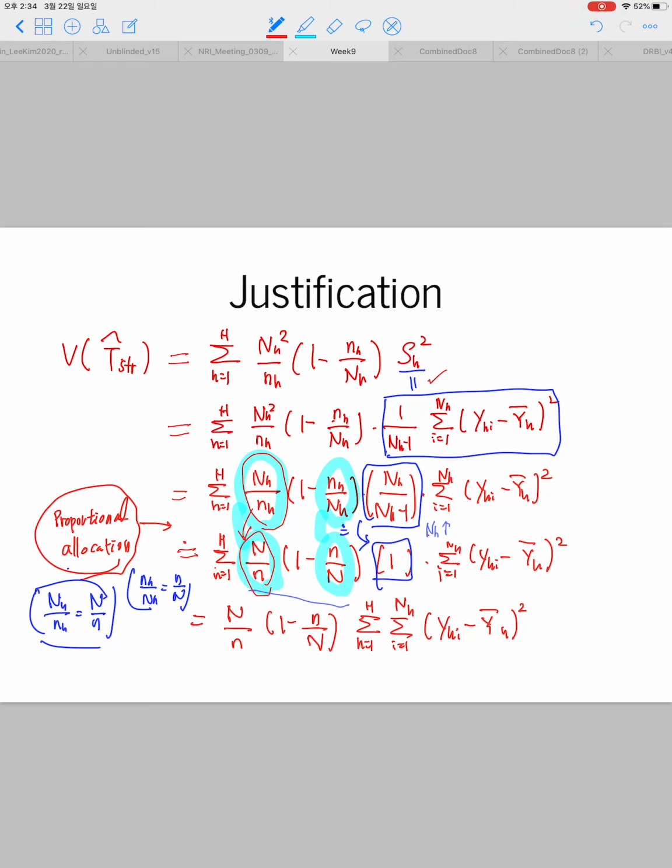So this one is true on the proportional allocation. And then the second thing is that if Nh is large, then the ratio is approximately equal to 1, and that provides the final result.